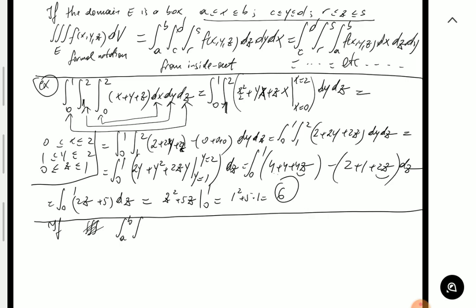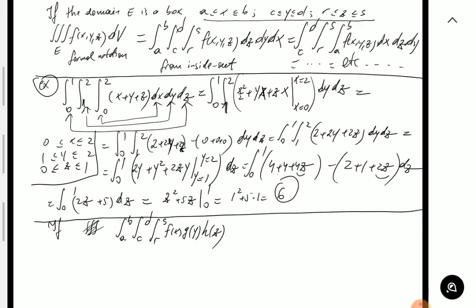Let's say the bounds are all constants, from a to b, from c to d, from r to s, and then like I said, the function to integrate happens to be factored in a function of x, a function in y, and a function in z.